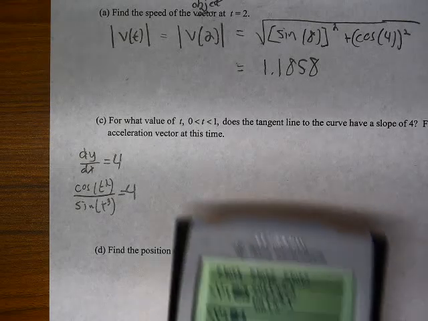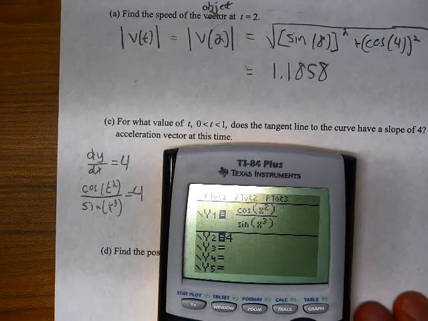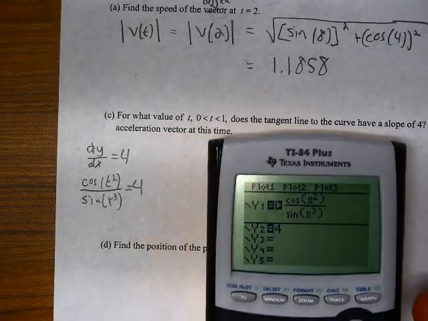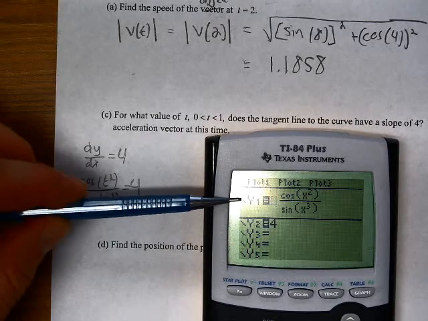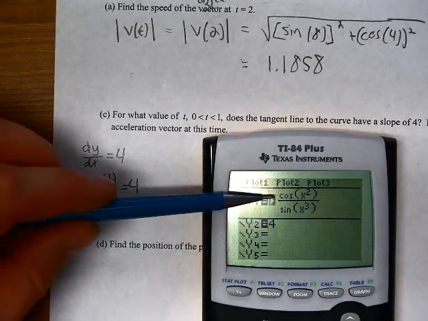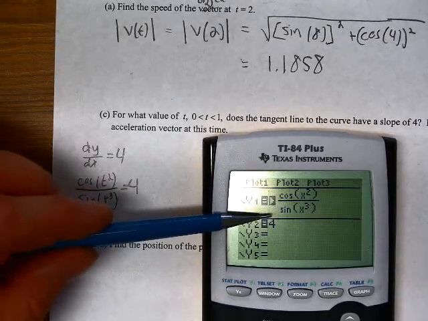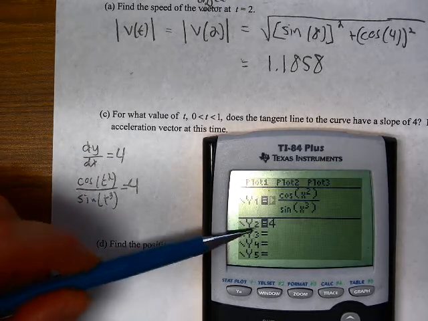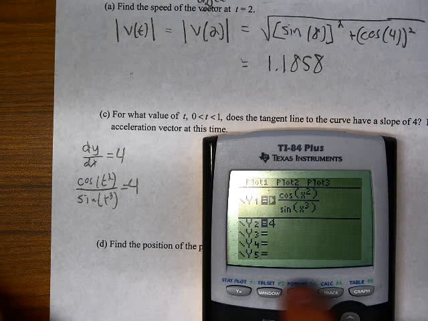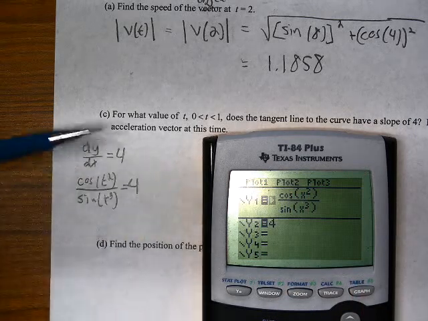What I've done here is try to get that into a place where you can see it. I hope the glare isn't too bad there. I put cosine of x squared over sine of x cubed. That's my dy/dx. In y2 I put 4, and then I set my window.